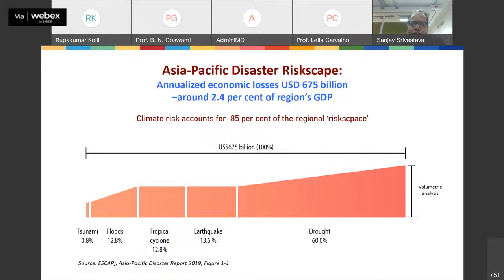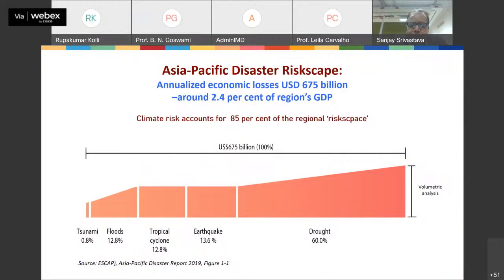But when you do a diagnostic analysis of where these losses are coming from, we found that 85% of this 675 billion in losses are coming from climate-related hazards, out of which, surprisingly, 60% comes from drought alone, which includes direct and indirect losses across the multiple sectors impacted by drought.